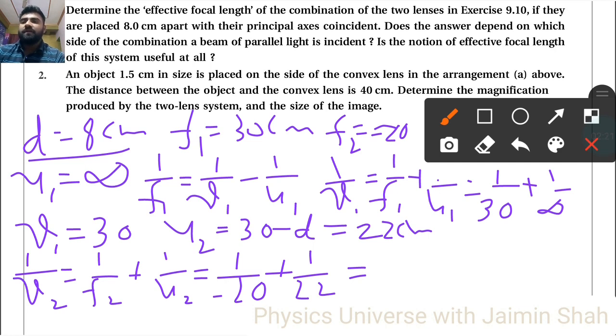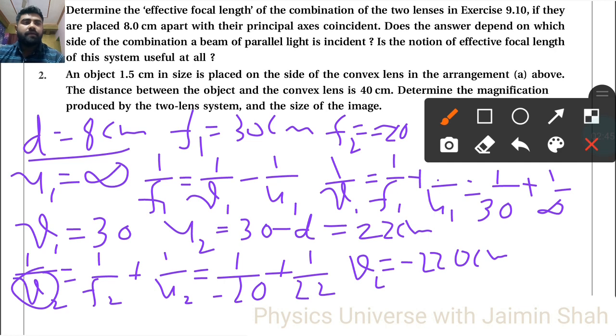Taking the reciprocal, that is minus 220. So v2 is equal to minus 220 centimeter.